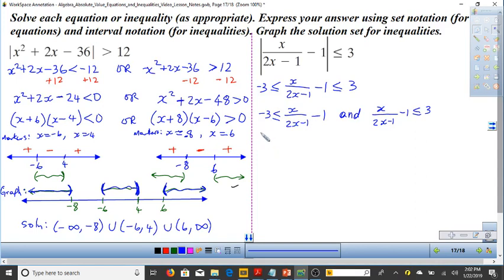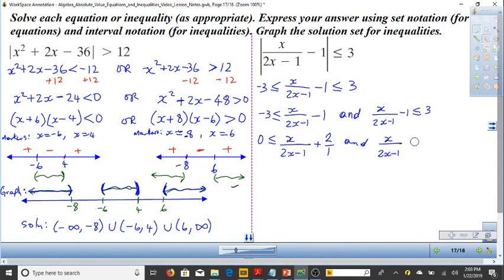We get 0 on one side, so I'm adding 3 to both sides here, which I'll write as 2 over 1. And in this one, I'm subtracting 3 from both sides, which I will write as -4 over 1.